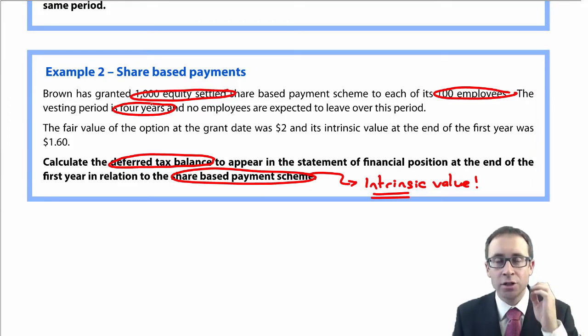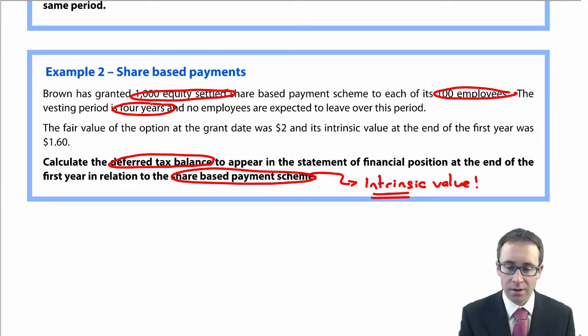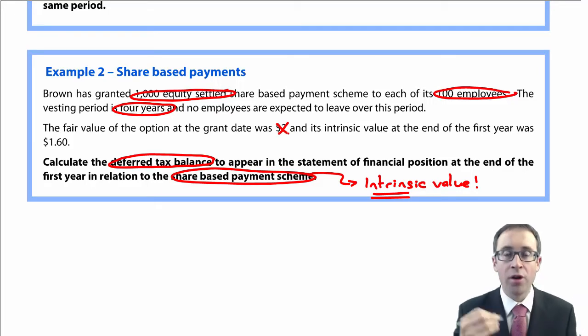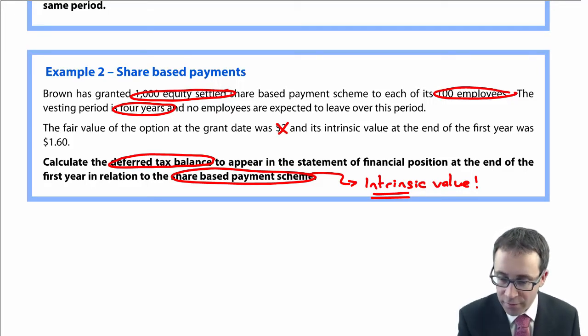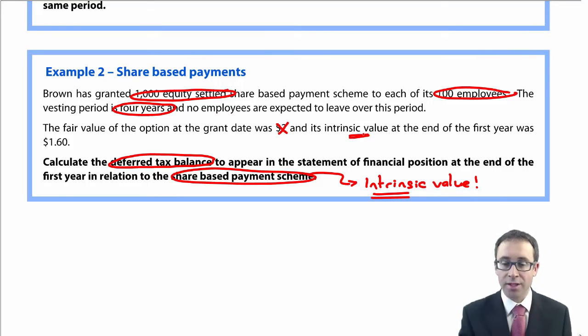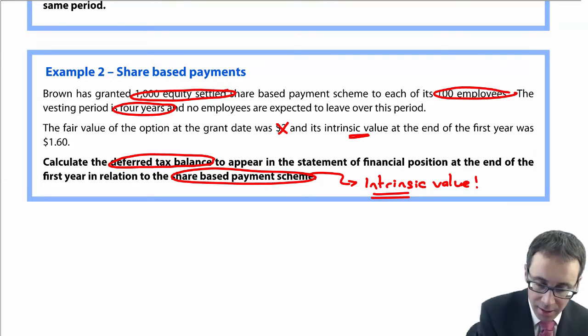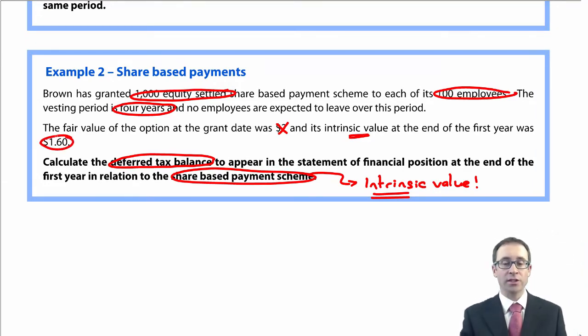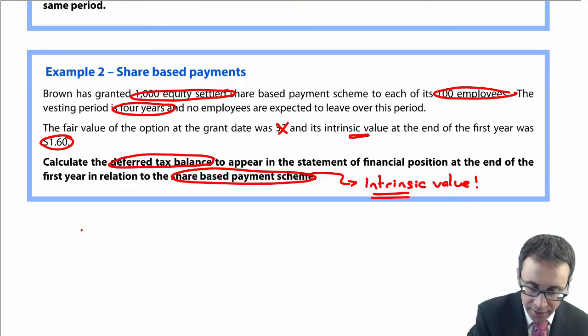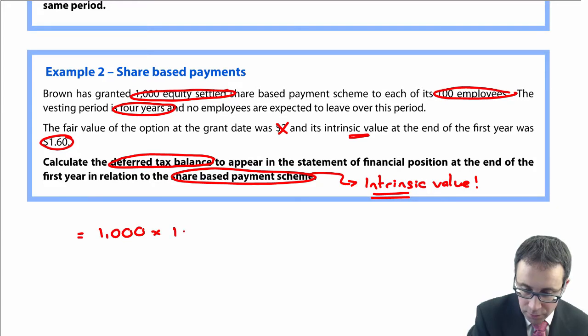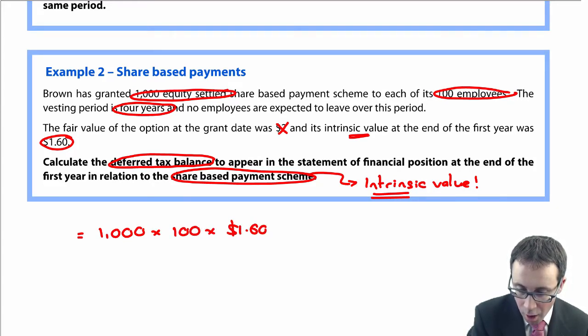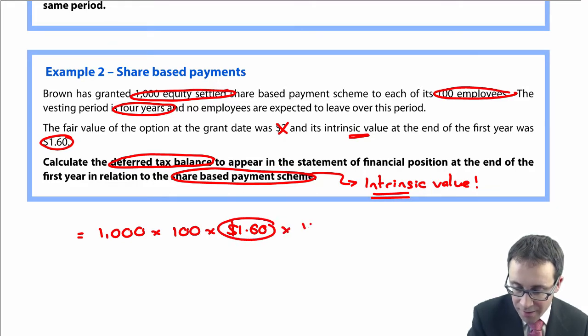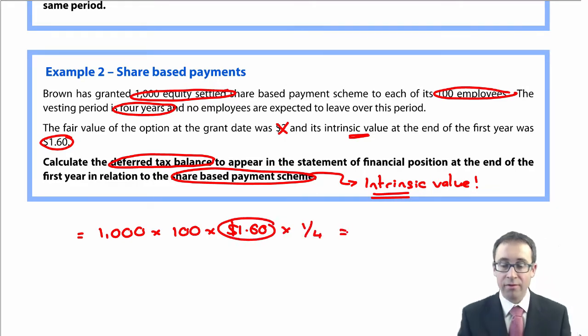So for IFRS 2 purposes, we would use the grant date $2, but not for deferred tax purposes. For deferred tax, we use the intrinsic value at the end of the year, and that there is $1.60. So for deferred tax purposes, you've got 1,000 options, 100 employees, the $1.60 intrinsic value, and we're at the end of the first year out of 4, aren't we?